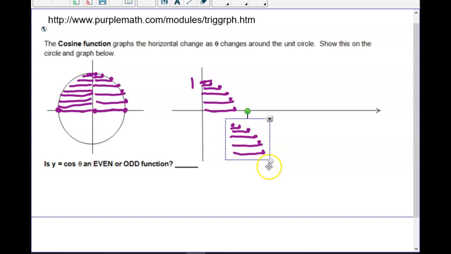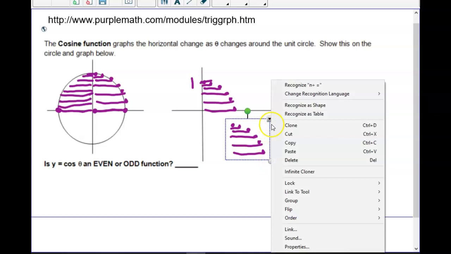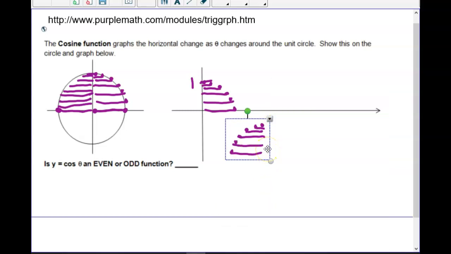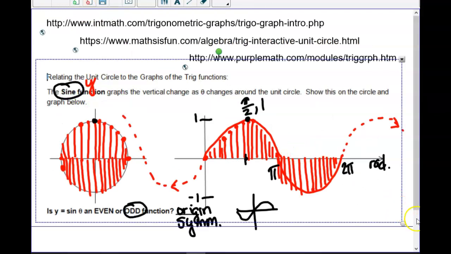What's happening here? I need to... Nope. This was a really bad plan, wasn't it? Because I don't know what I'm doing.